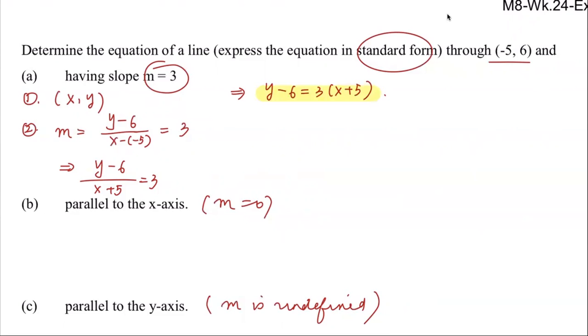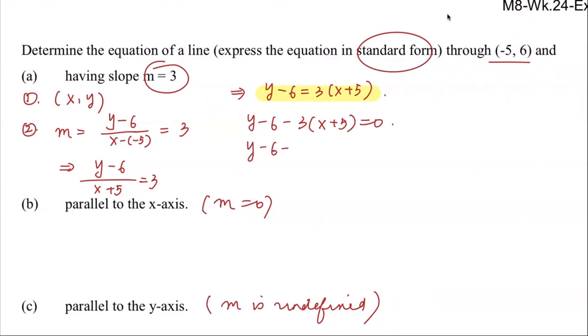Now, in order to find the standard form of the equation, we move everything to the left side, right? So y minus 6 minus 3 times x plus 5 is equal to 0, okay? And then we open the brackets.